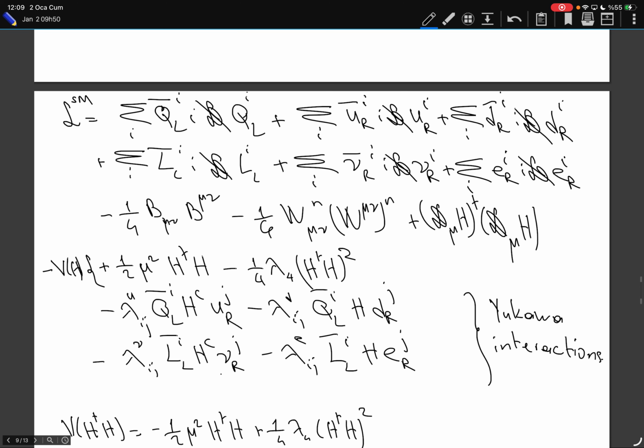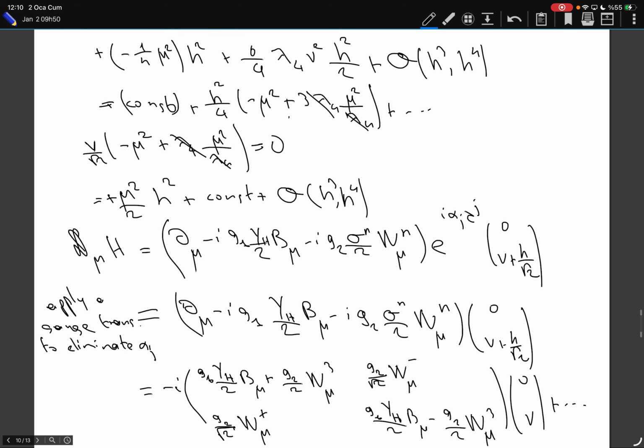Or who tells me that I should combine UL and UR together to form the four-component spinor? Nothing in my theory tells me that. So in principle, I can consider arbitrary combinations of the left-handed quarks and arbitrary combinations of right-handed quarks, pick the first ones, combine them into a four-component spinor. Nothing in my theory prevents me from doing that. And in fact, that is exactly what I will do.